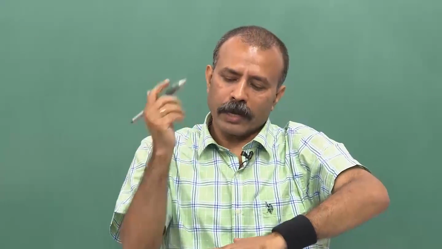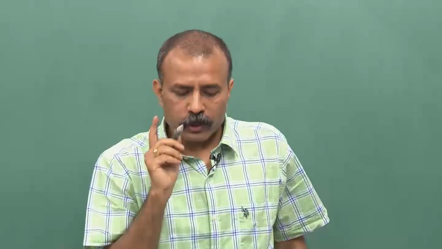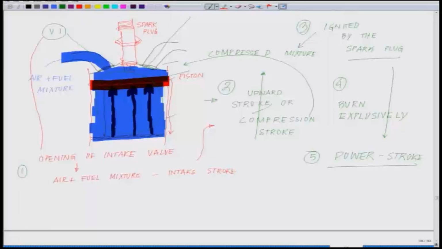While it comes down, that is called the power stroke. So how many strokes did we talk about? We talked about the intake stroke, step 1, the upward or compression stroke, step 2, followed by the power stroke. After the power stroke, there is a fourth thing which happens, that is the exhaust stroke.